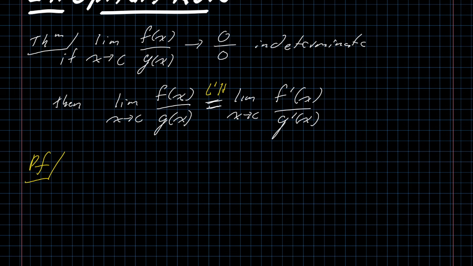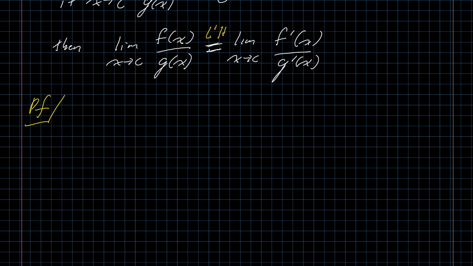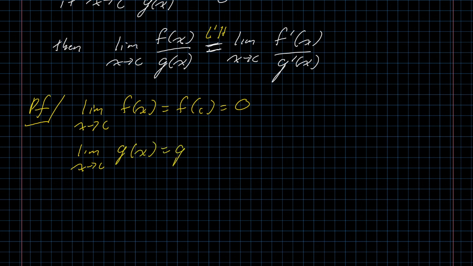But to prove this result, I'm going to make another assumption that may or may not be a good one. Specifically, that the limit as x approaches c of f of x is equal to f of c is equal to 0, and the limit as x approaches c of g of x is equal to g of c is equal to 0.